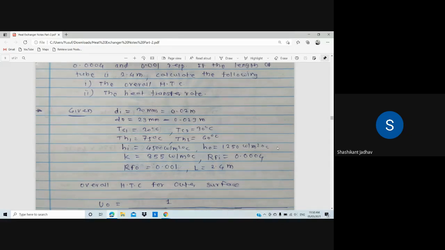Okay, so oil enters at 75 degree Celsius and comes out at 60 degree Celsius. म्हणजे हॉट फ्लुइडचं इनलेटचं टेम्परेचर आणि आउटलेटचं टेम्परेचर दिलेलं आहे. So TH1 is equal to 75 and TH2 is equal to 60 degree Celsius.